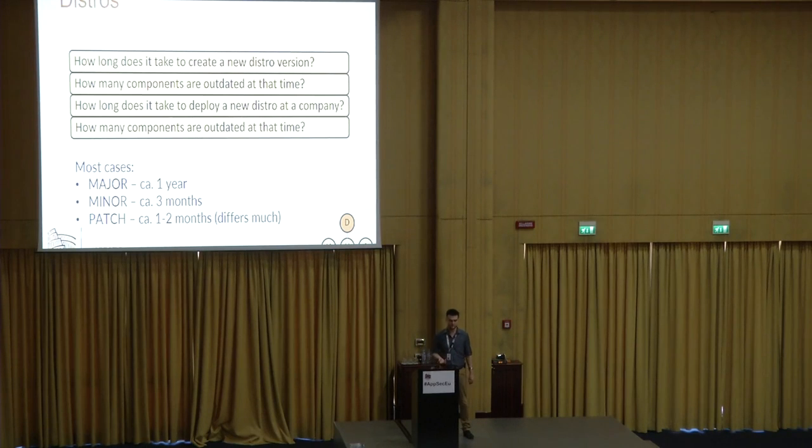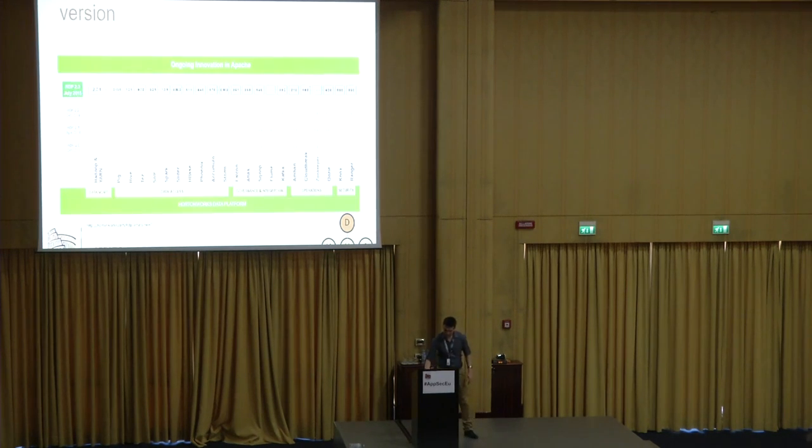And many new components are updated at that time, right? So this is the list of HDP Hortonworks distribution components by version. Basically, what we've seen is that at least 1 or 2 months is needed to implement a new version of, for example, Apache Ranger in Hortonworks HDP.